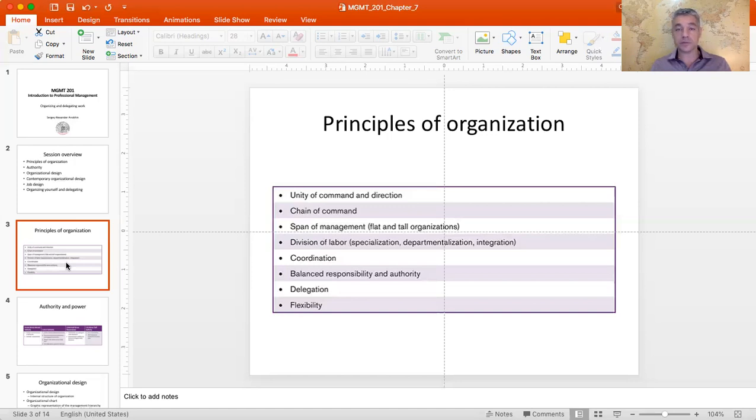Division of labor is an important principle that determines which tasks are grouped together. It basically has to do with specialization, departmentalization, and integration. What it does, effectively, is tell you, for the overall organizational tasks, what the subtasks are, what the groups of tasks and organizational functions are that you recognize, and so you allow people to specialize in those certain tasks.